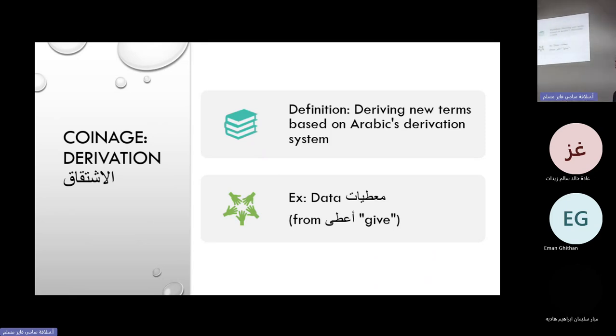Okay? So that's why you can find words that have equivalents that are derived from root words.